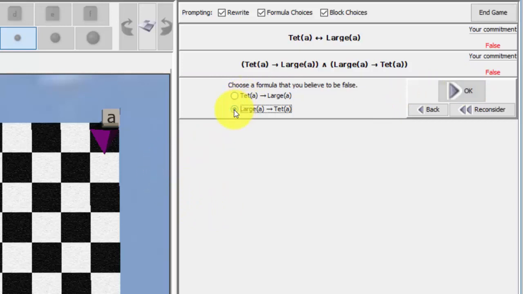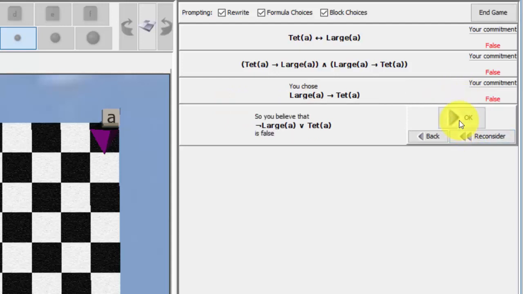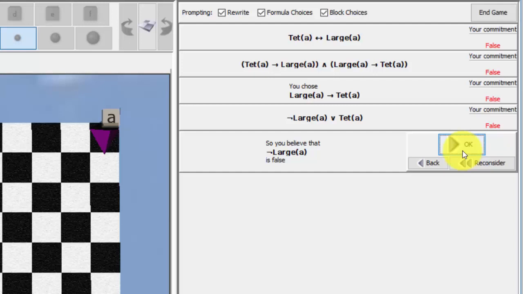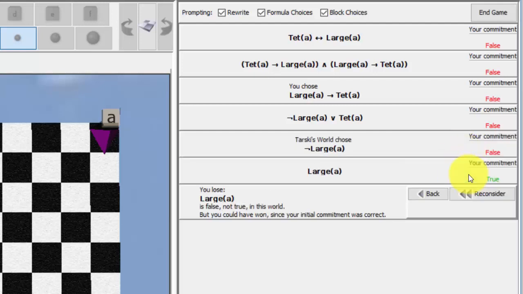If I pick this one, I'll end up losing because it turns out that that material conditional was true. So we see that I've lost, but it tells me that I could have won.